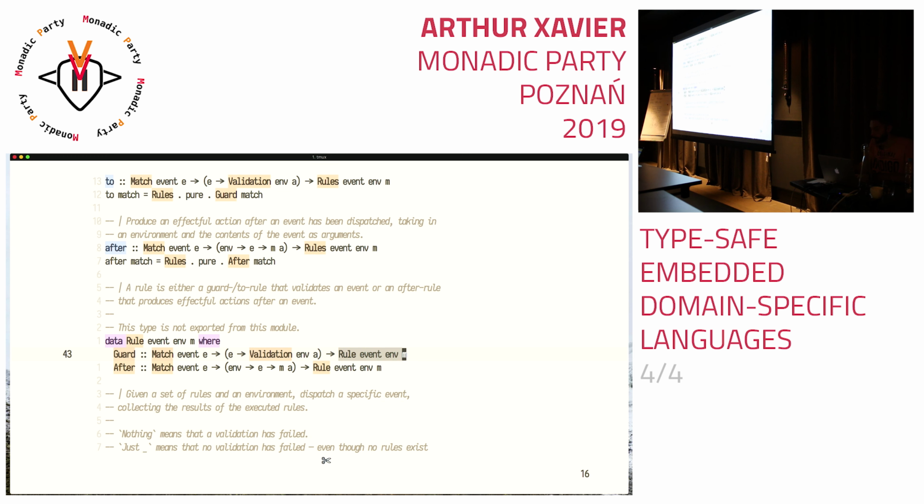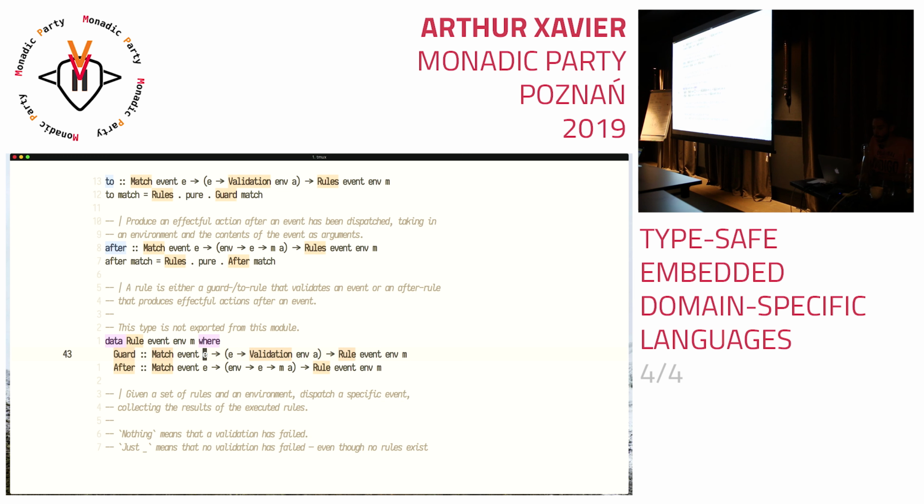So a guard rule is basically, given that we can match an event with an e, the same thing as above: given that we have this e, produce a validation rule, and we've got a business rule. The important thing is that if we're hiding this e, we don't know exactly what it is.